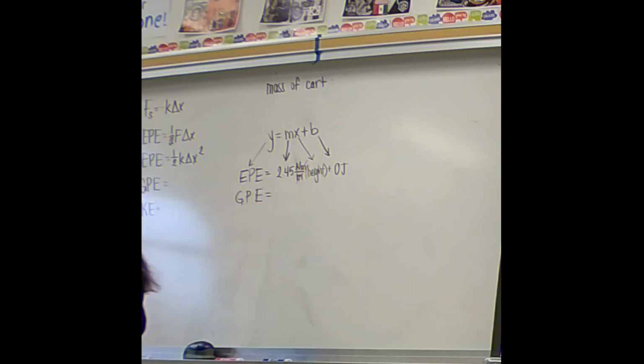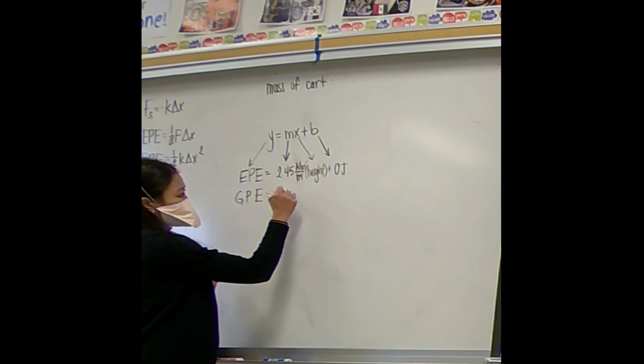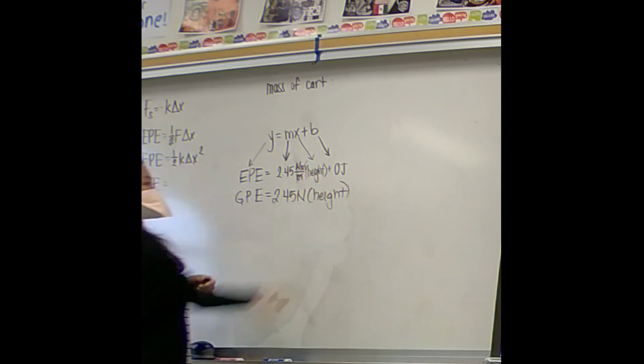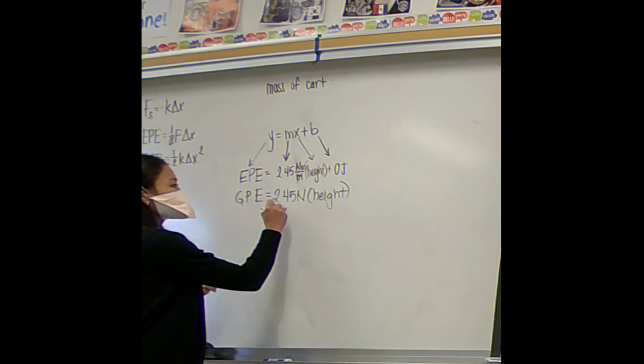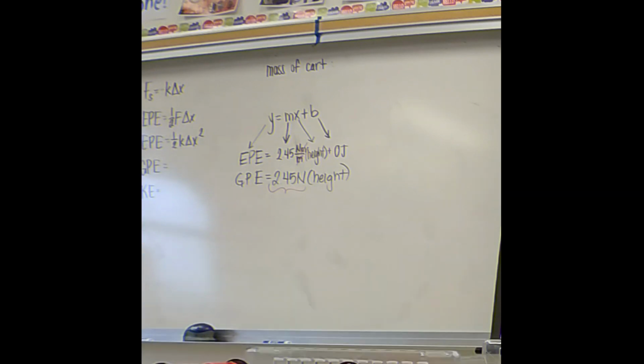Now, of course, we're going to have some source of error, so we might not be perfectly accurate. But if we think about our equation for gravitational potential energy, I want you to pull out your sheet with your equations. What does this 2.45 newtons, meaning it should be a force, represent? mgh.